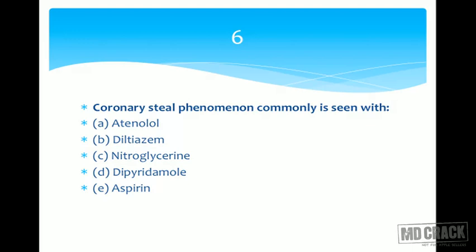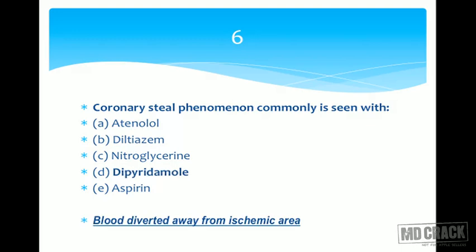It produces dilation in the smaller blood vessels, and due to this, the blood in the ischemic region is taken out and redistributed to the normal areas. The name of the drug is dipyridamole. The effect of dipyridamole is that blood gets diverted away from the ischemic area, and this could sometimes be the cause of failure of dipyridamole. So coronary steal phenomenon, dipyridamole.